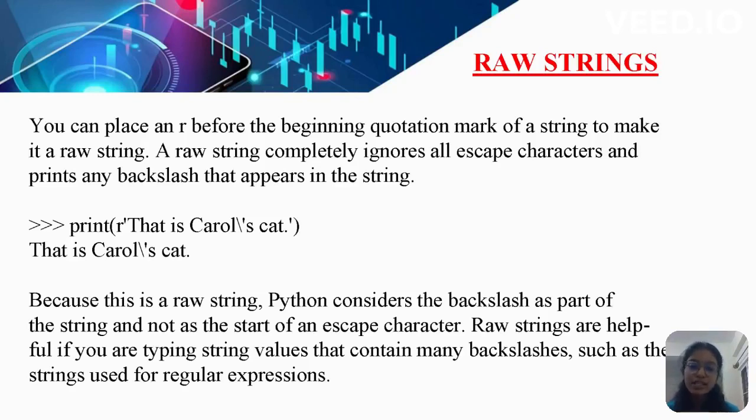Because this is a raw string, Python considers the backslash as a part of the string and not as the start of an escape character. Raw strings are helpful if you are typing string values that contain many backslashes, such as the strings used for regular expressions.